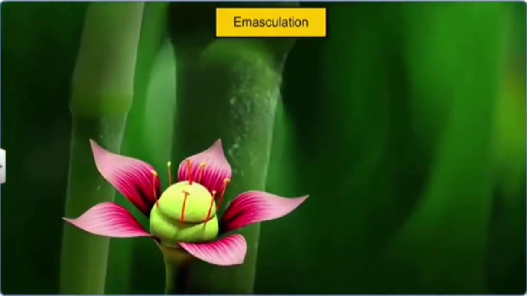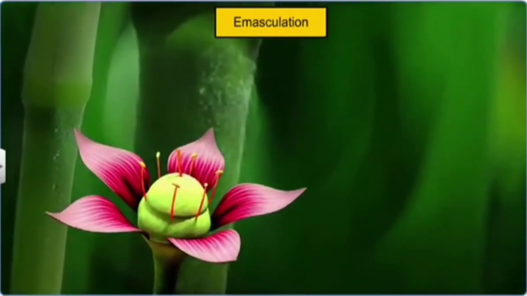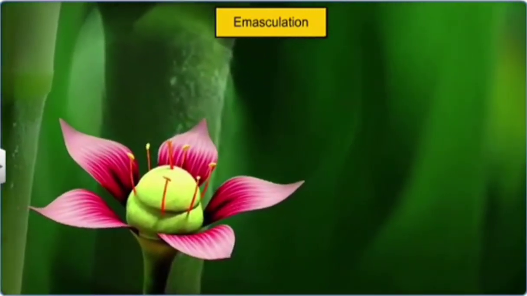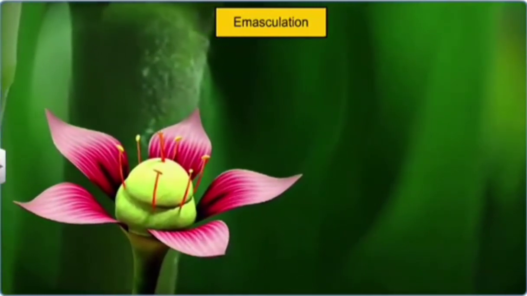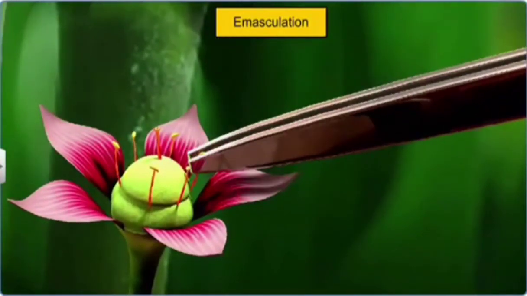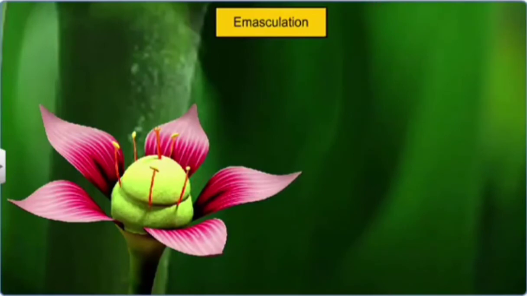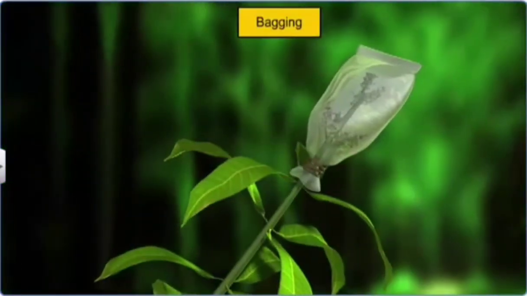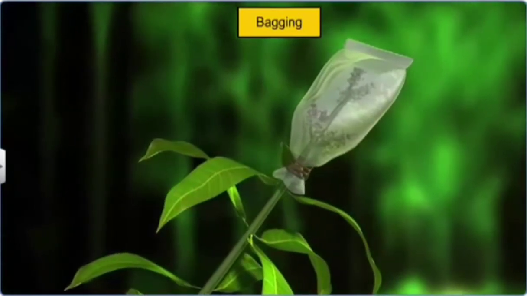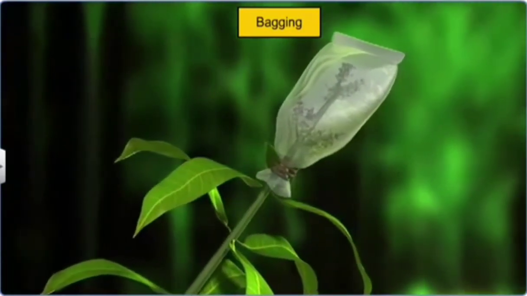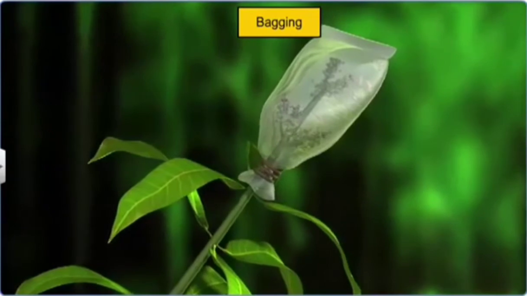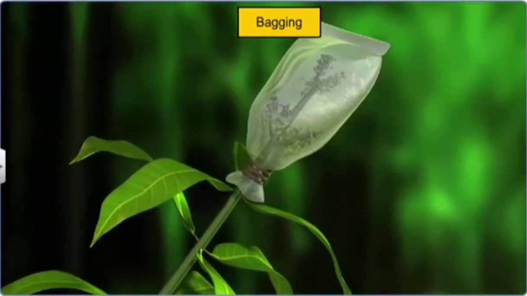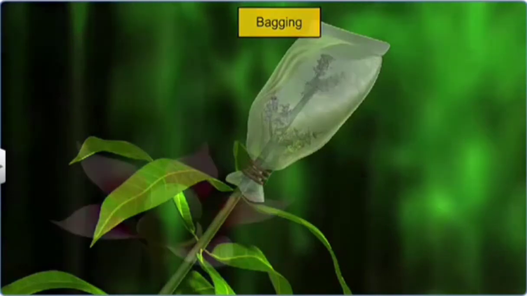In emasculation, which is carried out in female plants bearing bisexual flowers, a pair of forceps is used to remove the anther before it dehisces. Emasculation is followed by bagging, a technique where the emasculated flower is wrapped in a bag, usually made of butter paper, to prevent pollination by unwanted pollen.